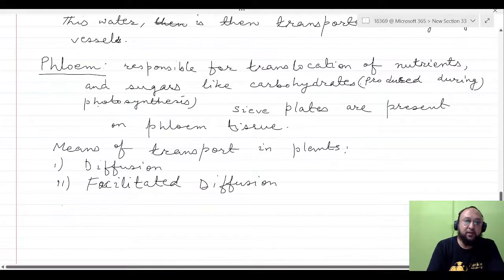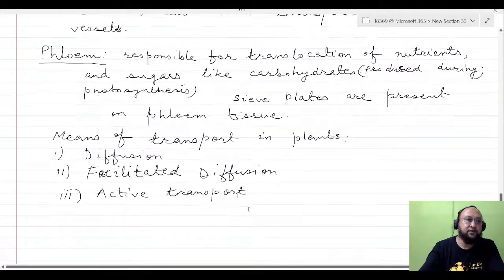And number three is active transport. So we will see one by one. First we'll start with diffusion.